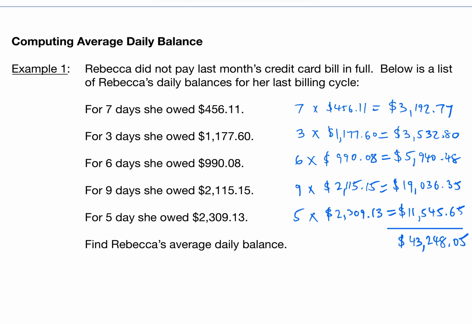So if we divide this whole thing by 30 days, then our average daily balance works out to $1,441.60. Okay, so let's go ahead and move on to example 2.